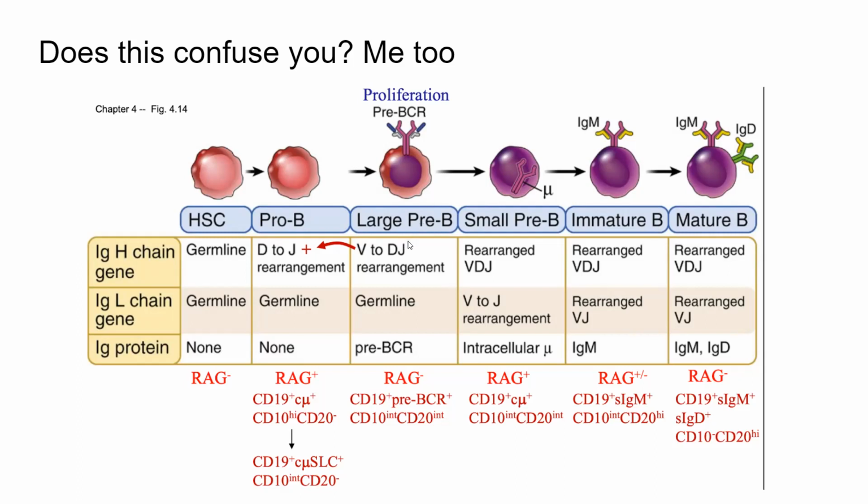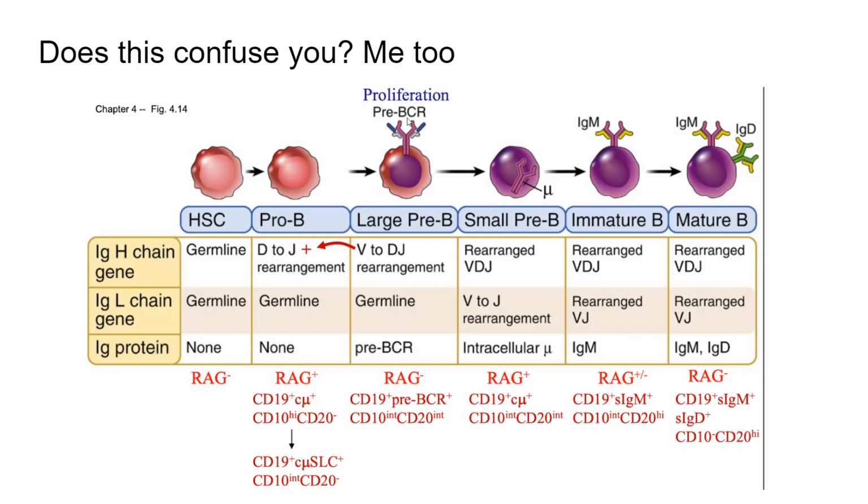So we're going to go into the mechanism of that in the next slide. But while it's in this stage and it underwent heavy chain rearrangement, it's going through a check. It's going to undergo proliferation. And since it's going through proliferation, there's going to be no RAG expression. Does that make sense? Okay.